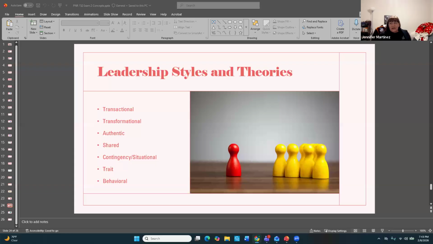So, leadership styles and theory. There are a lot of different leadership styles out there. These are some. Transactional leaders focus on daily operations.